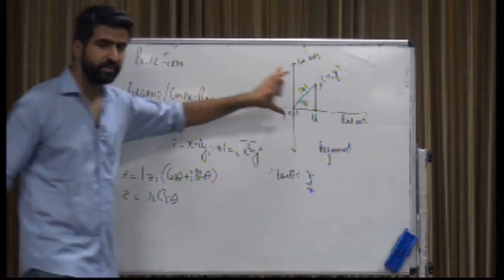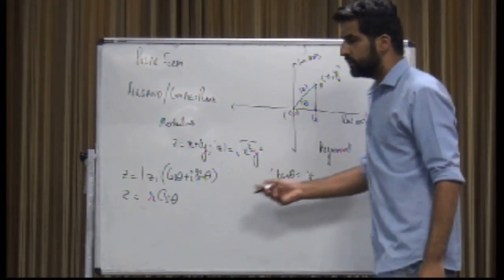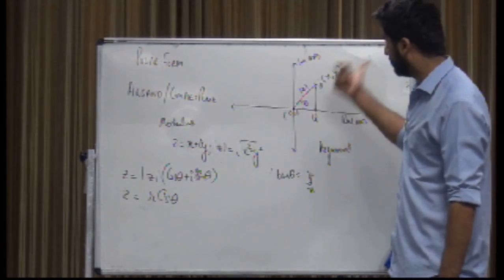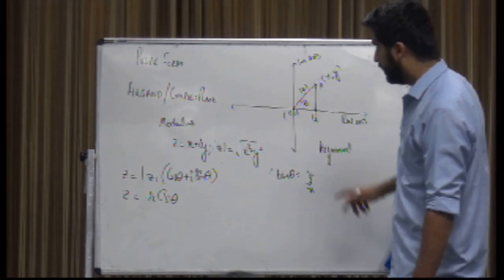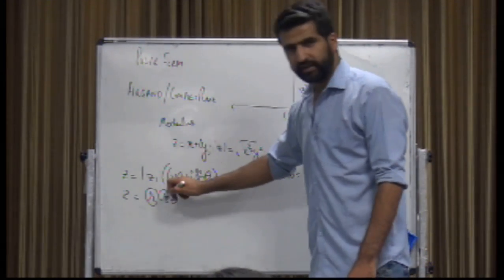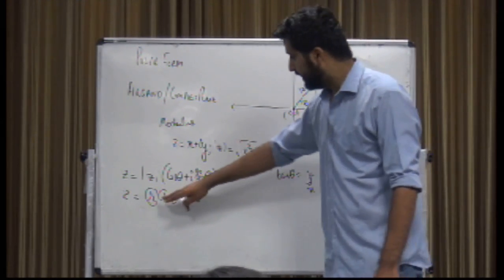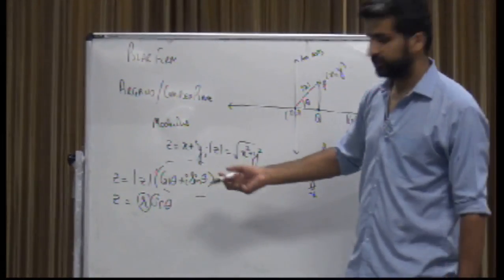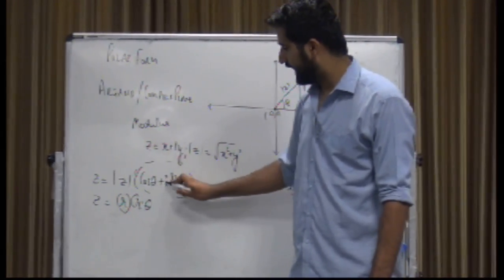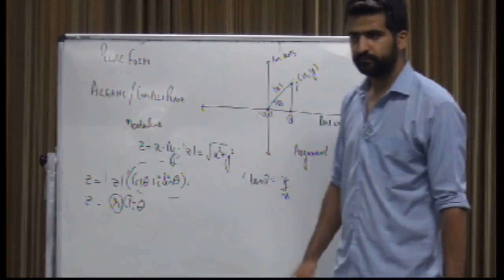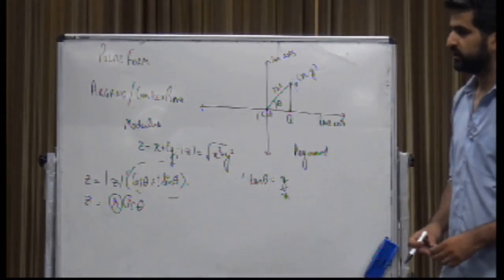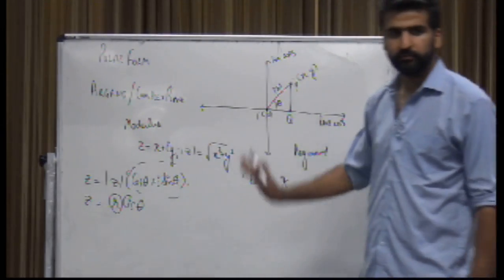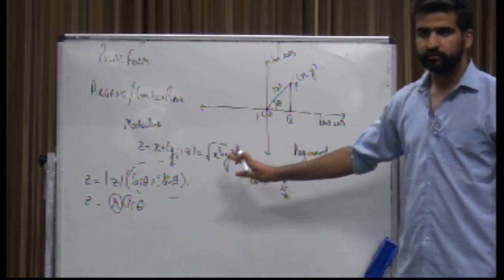We can also compare these complex numbers to vectors, since this is a kind of directed vector, OP vector. So r is the length of the vector, the modulus, and cis theta represents cos theta plus iota sin theta. C stands for cos, I is iota, and then sin. So this is a shortcut, cis theta. This is the very basic of polar form. Have you noted it down?